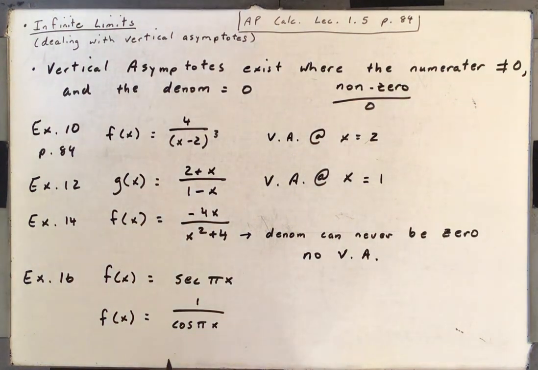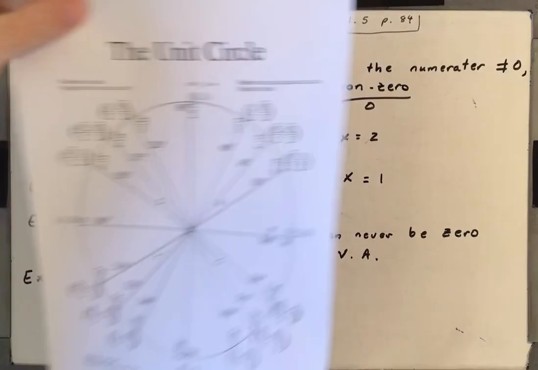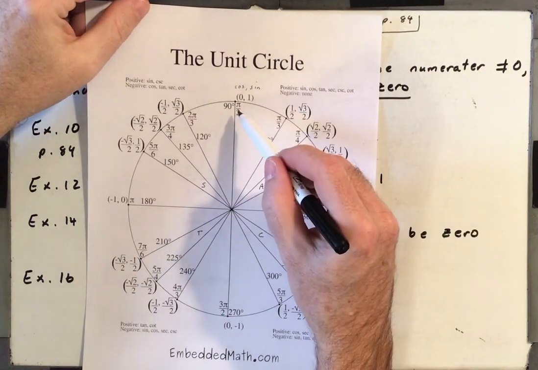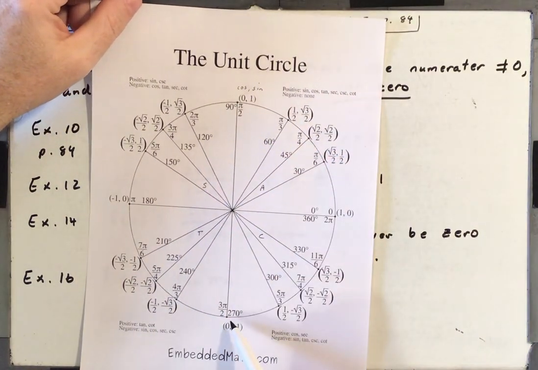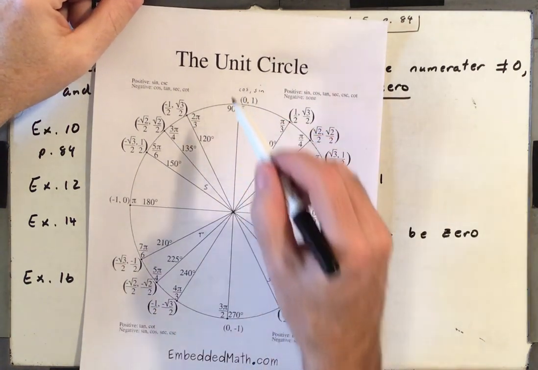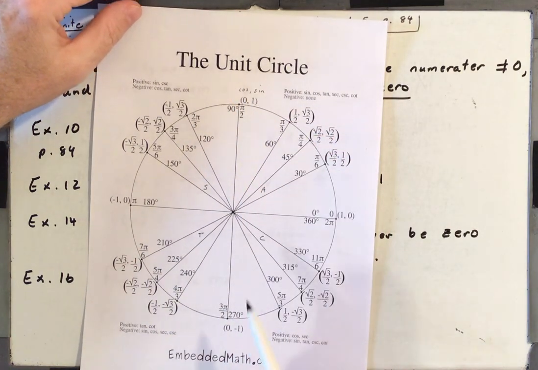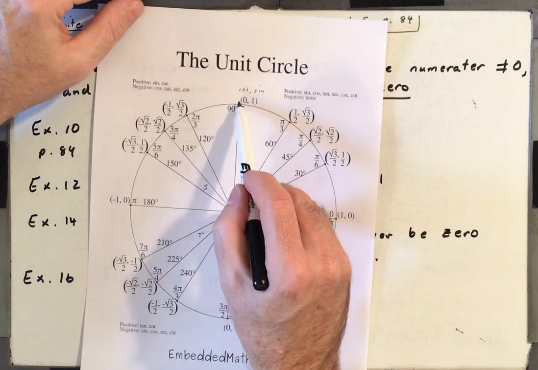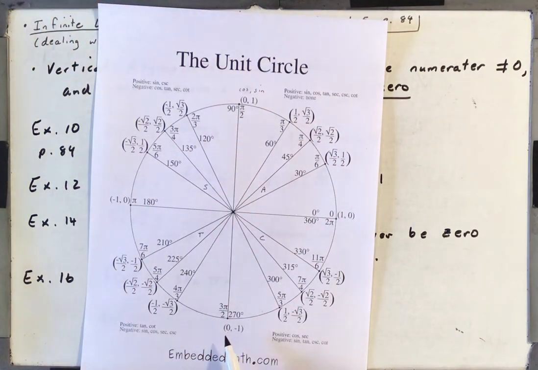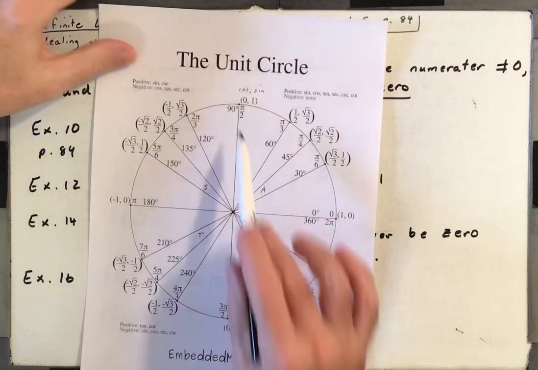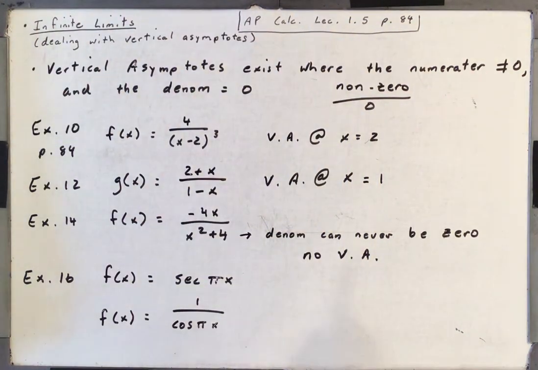So we know from the unit circle that cosine is 0 at pi over 2, 3 pi over 2, and then every pi radians, in the northern and southern hemisphere here. All right. So the North Pole and the South Pole. So multiples of that. So where does it equal 0?